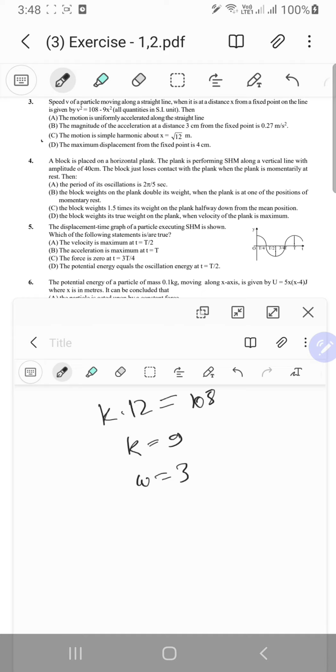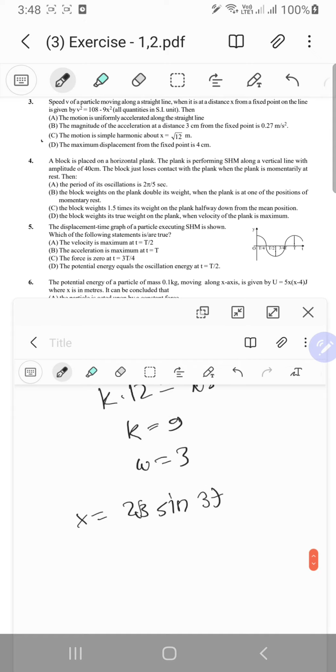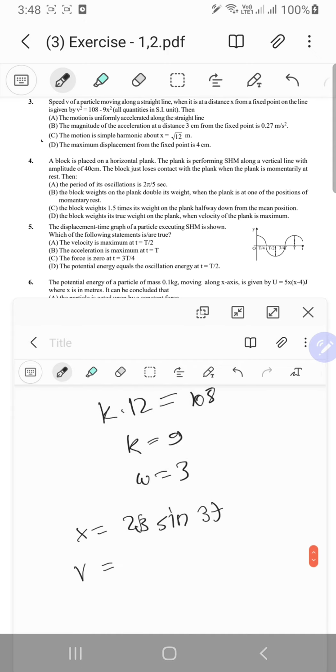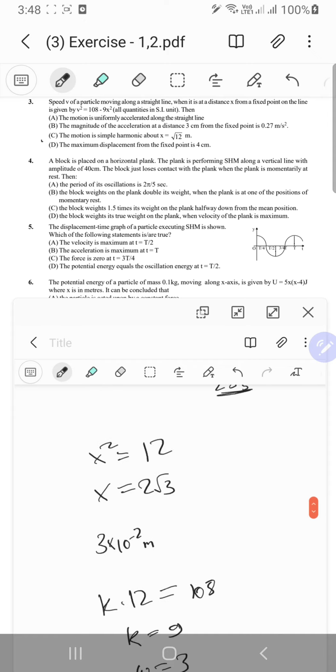Well, okay, let's say x equal to 2 square root 3 sine omega t, so sine 3t, then v would be square root of 108 for sure. Square root of 108 cosine of 3t. Nice.